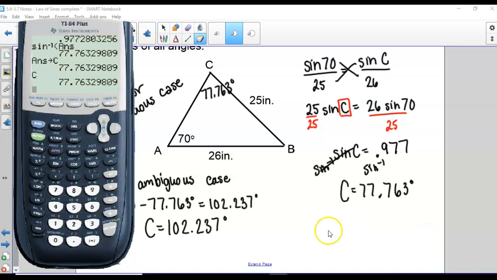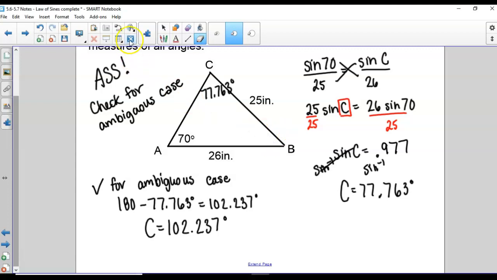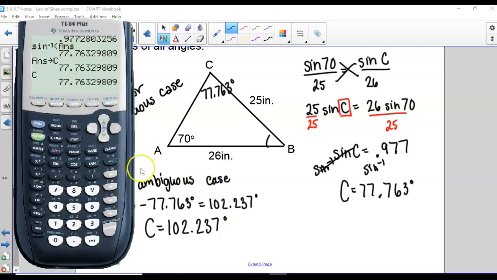So if I'm going to solve, I found that this angle here, no, I didn't find it yet, did I? For B, I've got to do 180 minus 70 minus, and see, I can just type C for that 77.763.